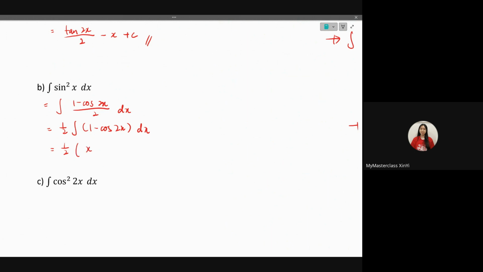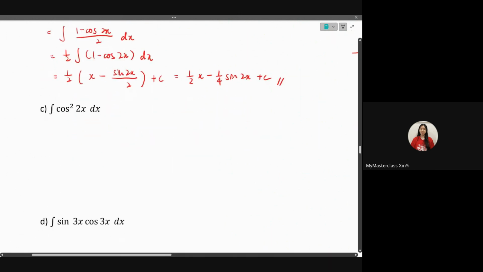When I integrate cosine 2x, I will get sine 2x, then I need to divide by differentiated of 2x, which is 2, then plus c. When I simplify this, I will get half x minus 1/4 sine 2x plus c. Remember, don't ever change the angle.